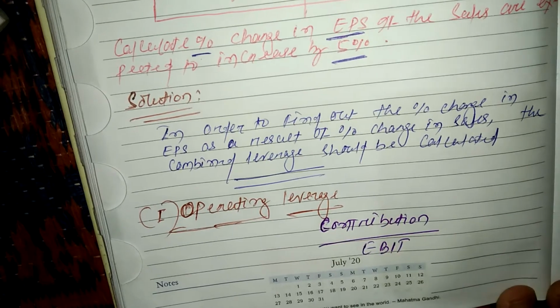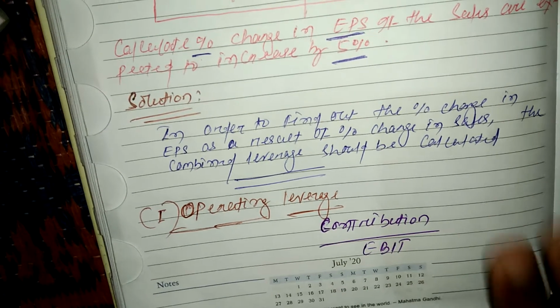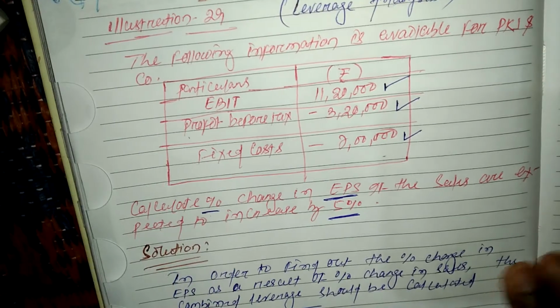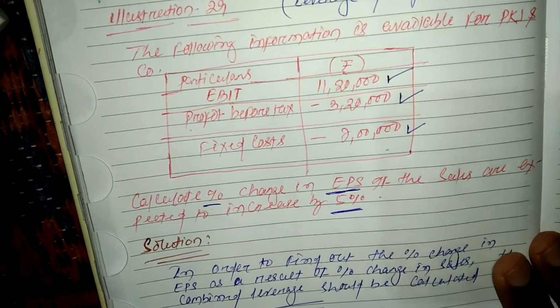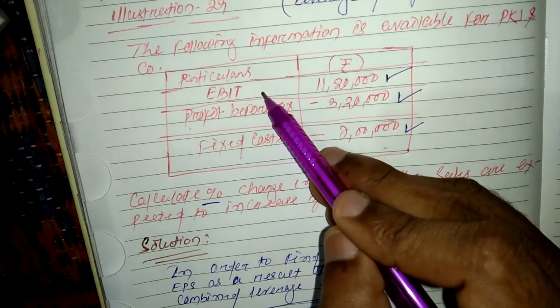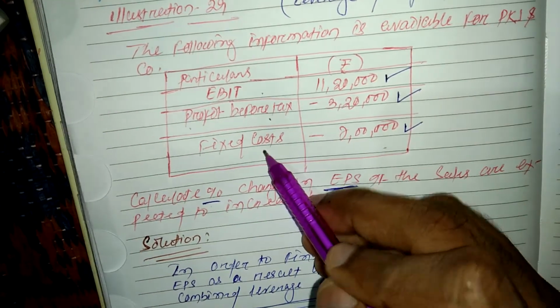But in the question, contribution is not given. Here only EBIT, profit before tax and fixed cost are given.